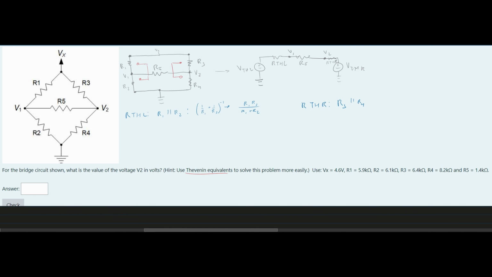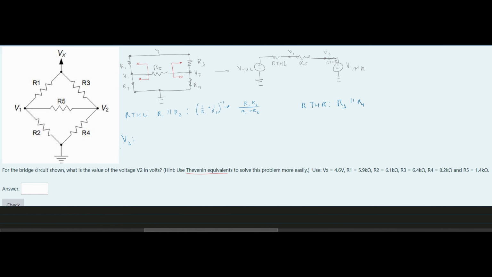Now we are going to look at the voltage Thevenin, and this is going to be our V2 and our V1. We're going to solve for our V2, and V1 is going to be extremely similar, but we are not looking at that right now. So we have this V2 right here.